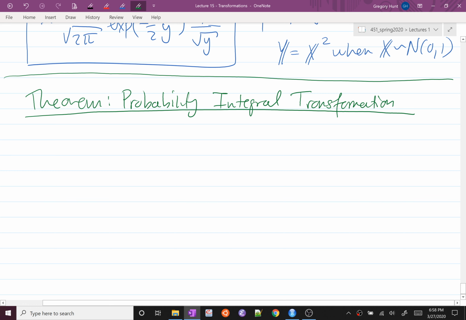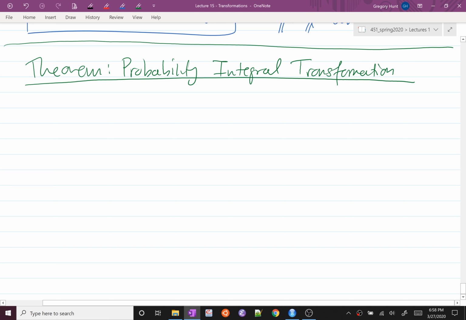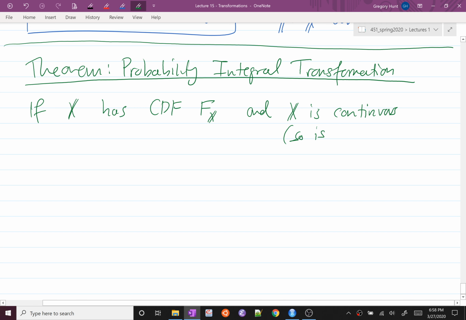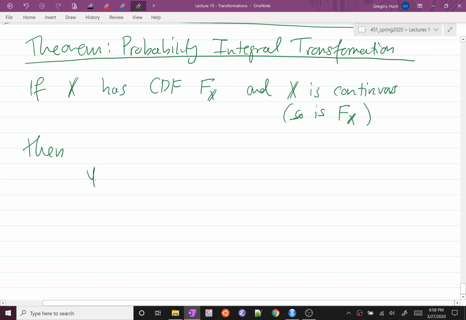What it says is that if x has CDF, say capital F sub x, and x is continuous, and if F is continuous, so is F_X, then if we define a random variable Y to be F_X of X.